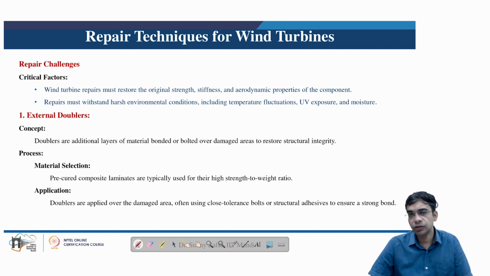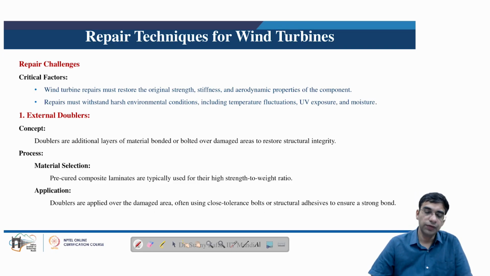Repairs must be able to withstand the harsh environmental conditions, which include temperature fluctuations, ultraviolet exposure, and moisture. Here, external doublers are used, conceptualized on the use of doublers as additional layers of material bonded or bolted over the damaged area to restore structural integrity.